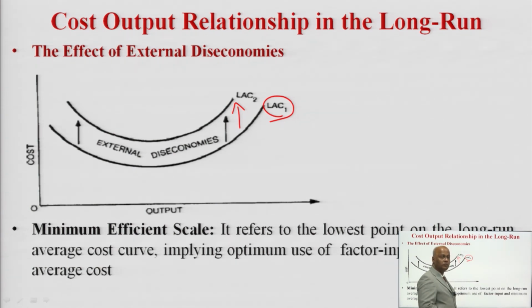In that case your production will be hampered and your cost will increase, and because of all these things your long run average cost curve will increase. That is because of the external diseconomies of scale.